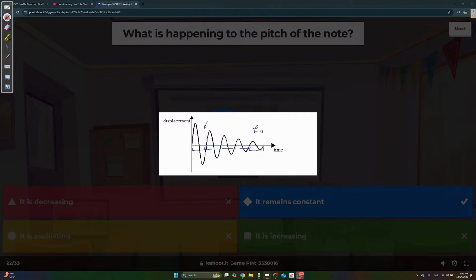For that reason, if frequency is constant, then pitch is constant. Wait, isn't pitch frequency, right? Pitch is frequency, right? No, not period. So it's how high, like if you take a look at the wavelength, since the period is constant, then the frequency is constant. That's why it's not changing. Okay. 1 second.